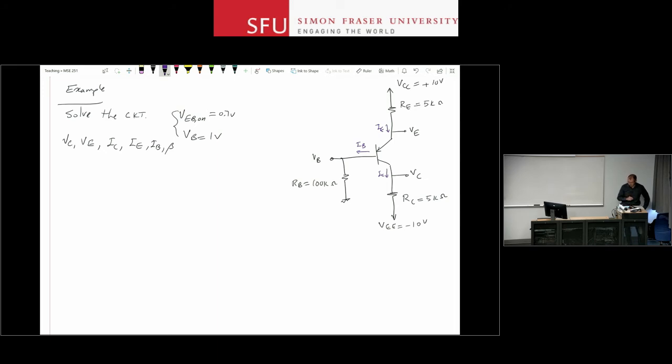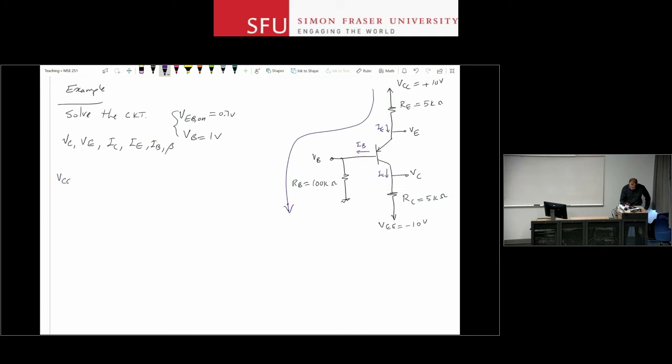KVLs and KCLs that I can write. So this is one KVL, this is one loop, and again, by now you should be a little bit more comfortable when I call that a loop, because remember, there's a voltage source here that has one end connected to ground, one end over there, and you actually have a loop. But I draw that and I call it a loop. That loop, I can write my KVL.